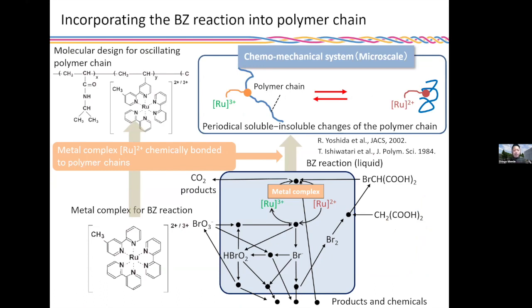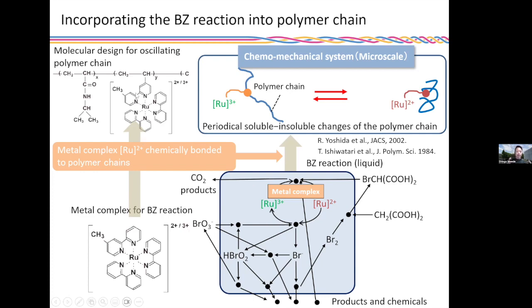Previously, some researchers tried to design oscillating polymer chains using BZ reactions and stimuli-responsive polymers. In the liquid systems of BZ reactions, we can see the color changes of the redox reactions of the metal catalyst, from reduced state to oxidized state, and oxidized state to reduced state. This is limit cycle behavior in the liquid BZ reactions.